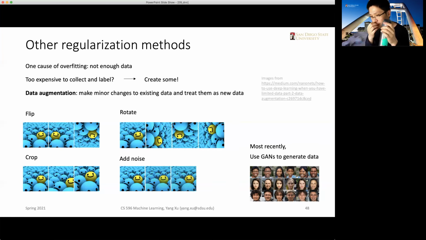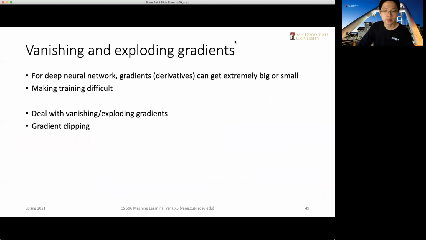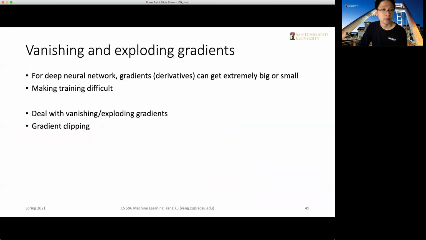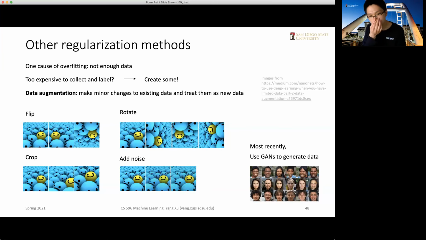Then I will use the generated images as if they were actual cups, and I will build a classifier on top of this hybrid input data with actual cup images and generated cup images. All right, that's data augmentation as a way to regularize neural network models.